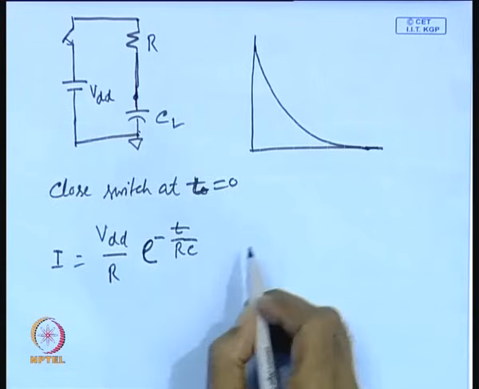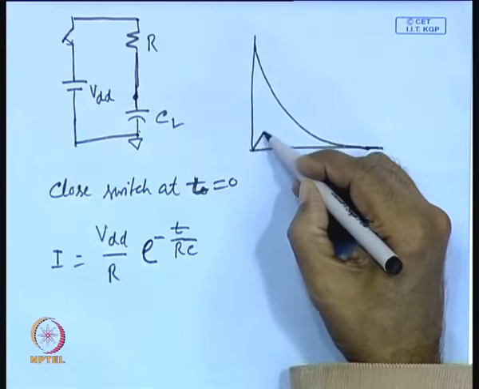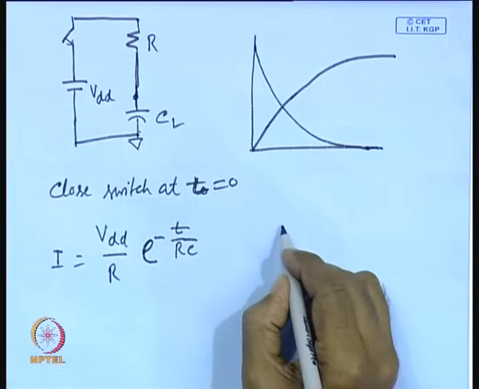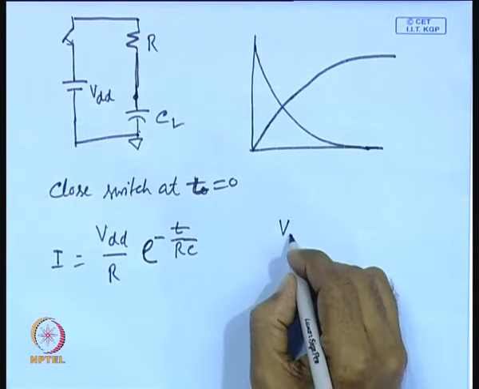Now, if we consider the voltage that is developed across the capacitor, the voltage rises in the opposite way. That means initially the voltage across this capacitor is, say, V o.